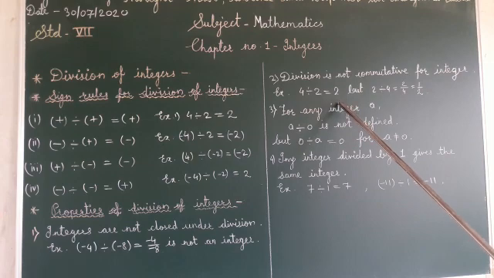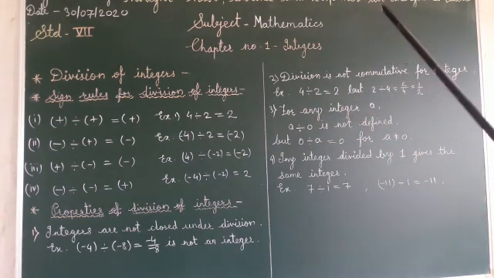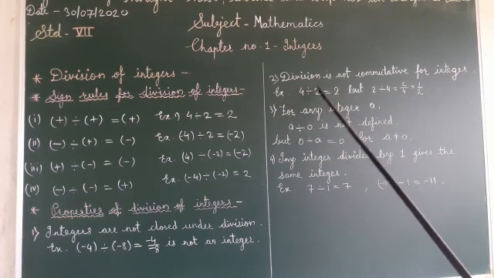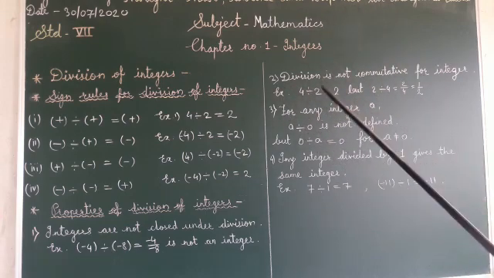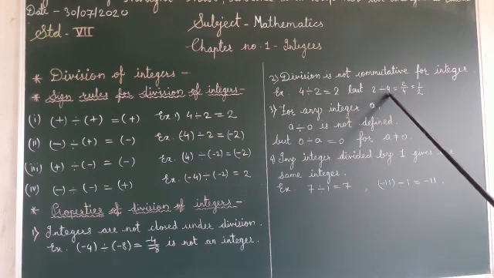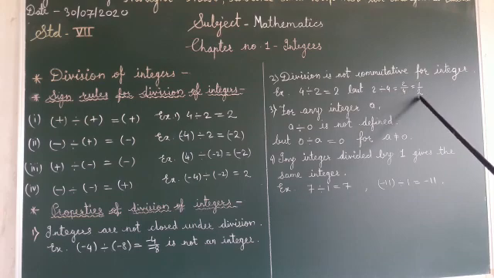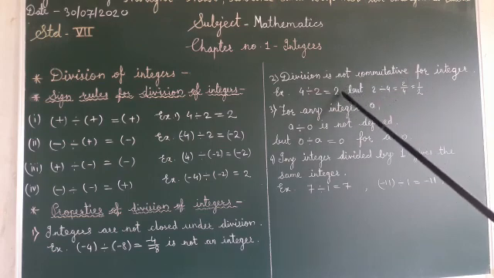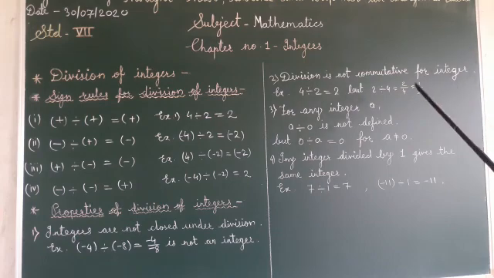But if we change the order of numbers, 2 divided by 4, meaning the first number goes to the second position and the second number goes to the first position, you get the answer 1 upon 2. 2 ones are 2, 2 twos are 4, so you get 1 upon 2. In both cases the answers are not the same. So we write division is not commutative for integers.